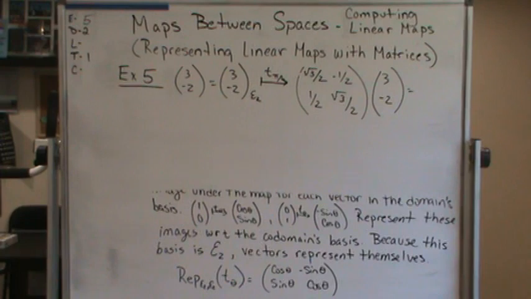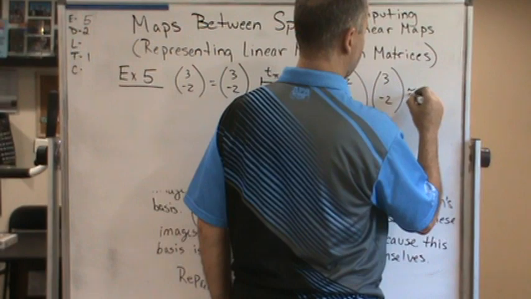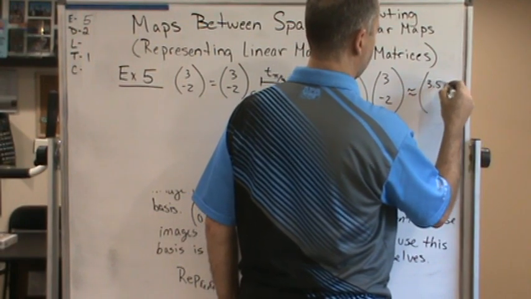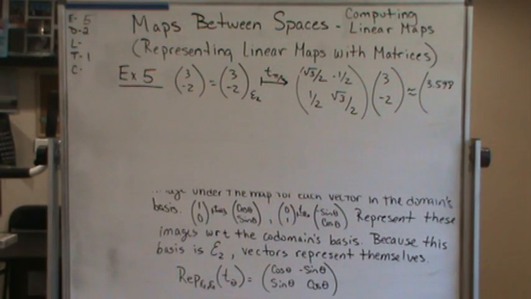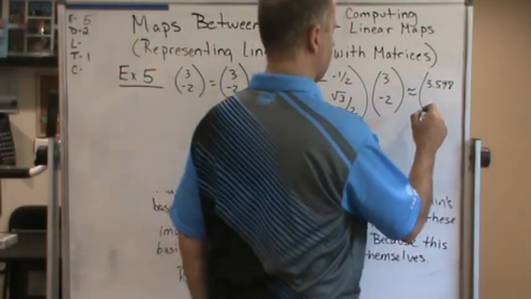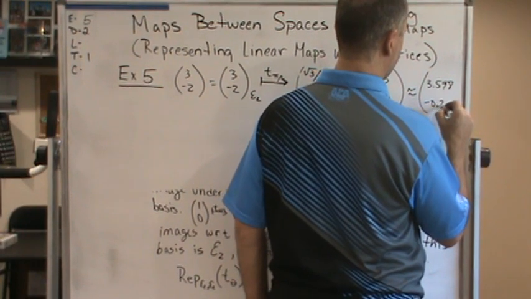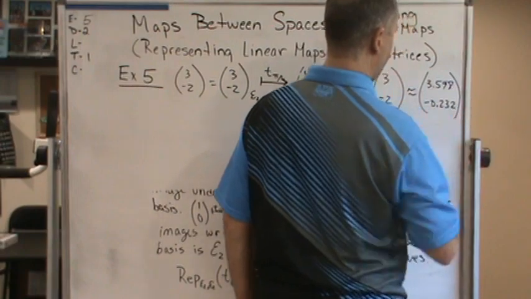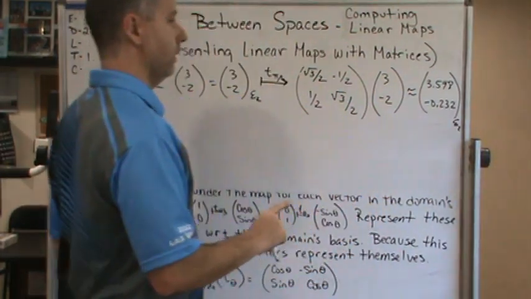We're going to approximately get, for that one, again having to deal with the square root of 3, what we get with respect to epsilon 2.